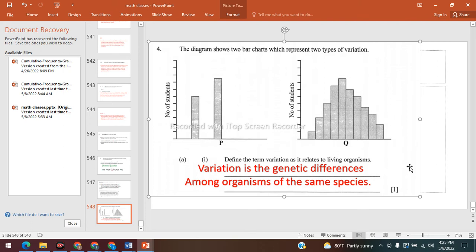Living organisms, those are things that are alive. Variation is the genetic differences among organisms of the same species.